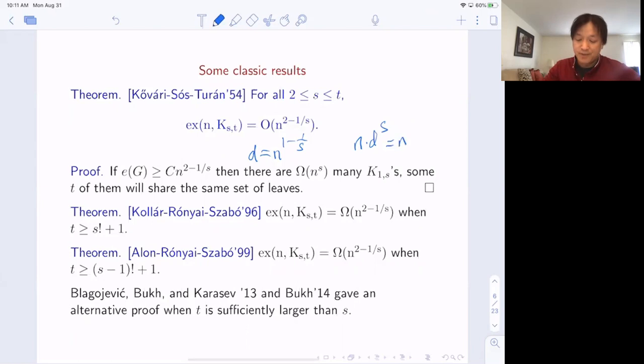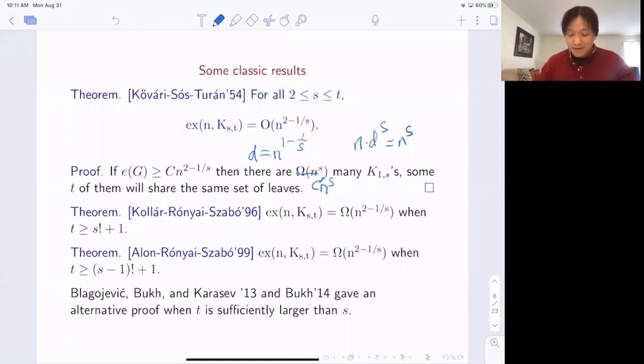So if you plug in d equals roughly n to the 1 minus 1 over s, you get n to the s. So you have omega n to the s many K_{1,s}'s. Well, here by omega, I really mean some large constant c times n to the s many, because you are free to adjust your coefficient. You can play with the capital C earlier, so now you can make c prime large.